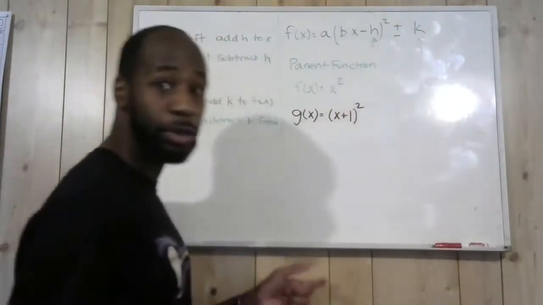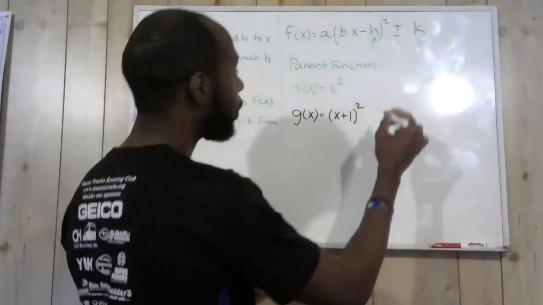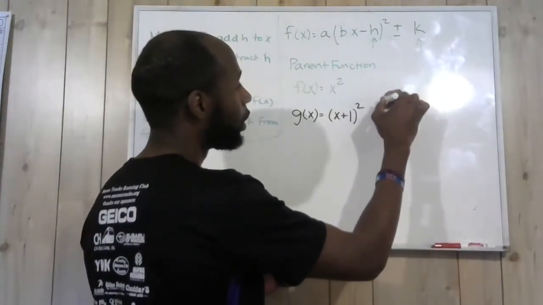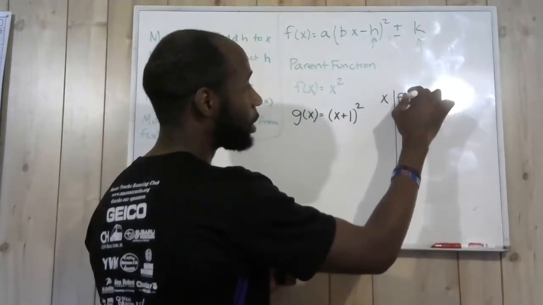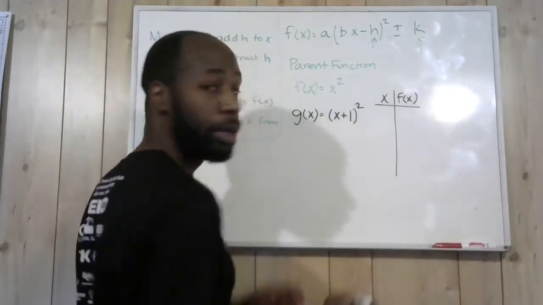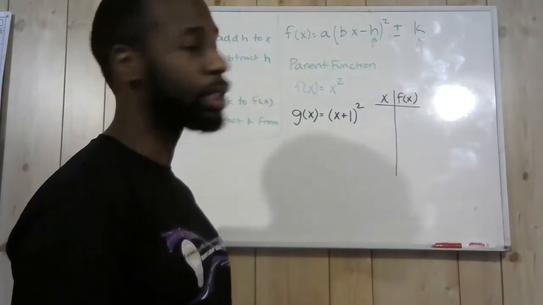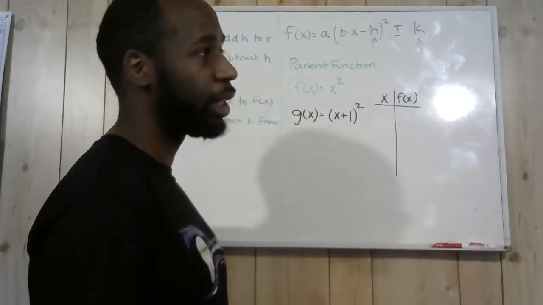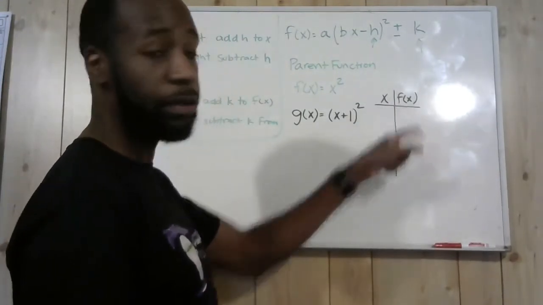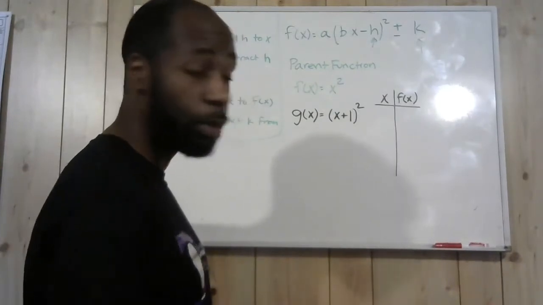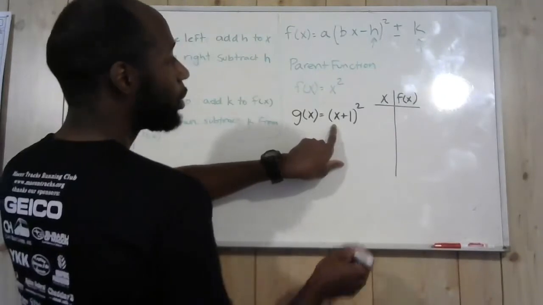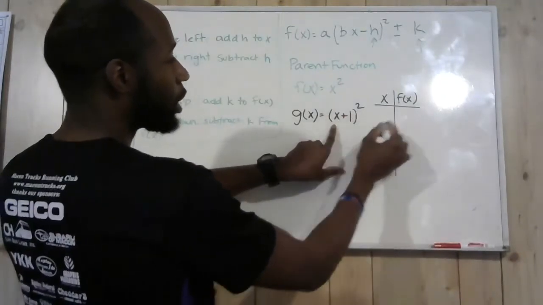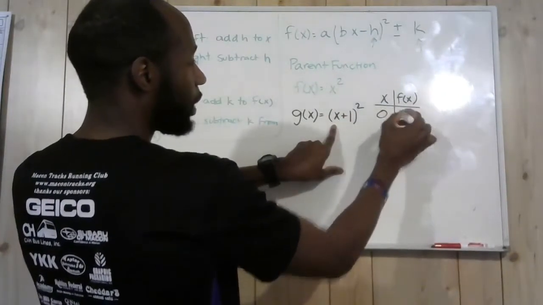I like to create a list of coordinates, so you have x and f of x. I'm just going to plug in values for x and see what it gives me as an f of x value, or y value, and then we're going to plot it. If x was 0, 0 plus 1 is 1, 1 squared is 1, so when x is 0, f of x is 1.